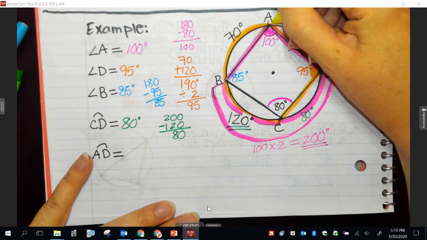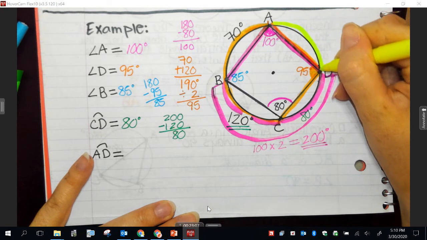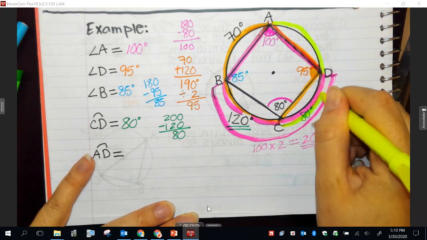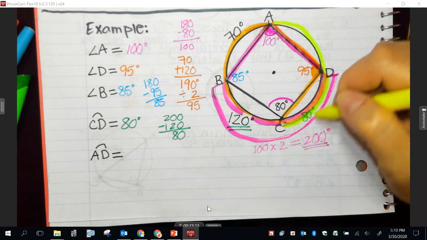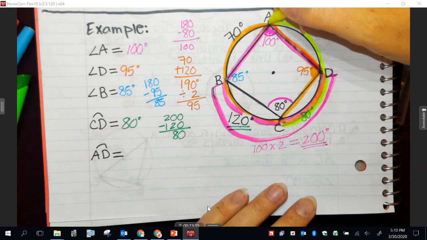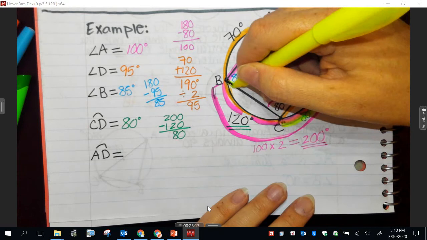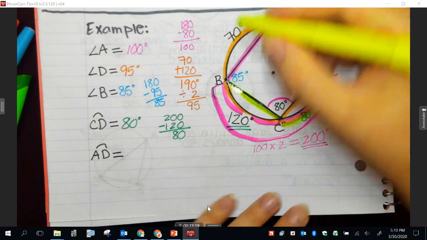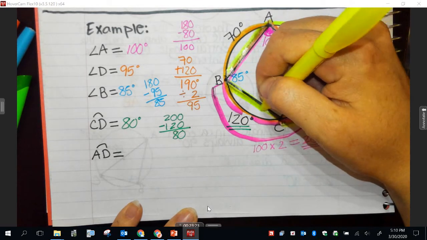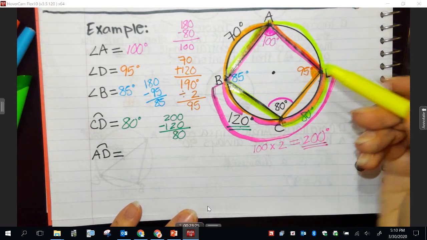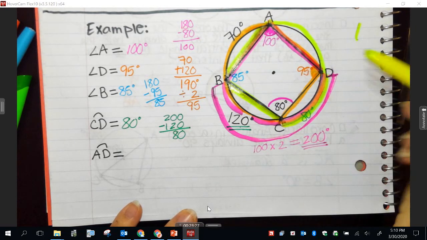I'm going to use yellow for this. So here's our full arc from A to D to C. So the inscribed angle that connects to this full arc, this is the angle that connects to that arc, that angle B. My colors are all starting to blend together, but oh well.